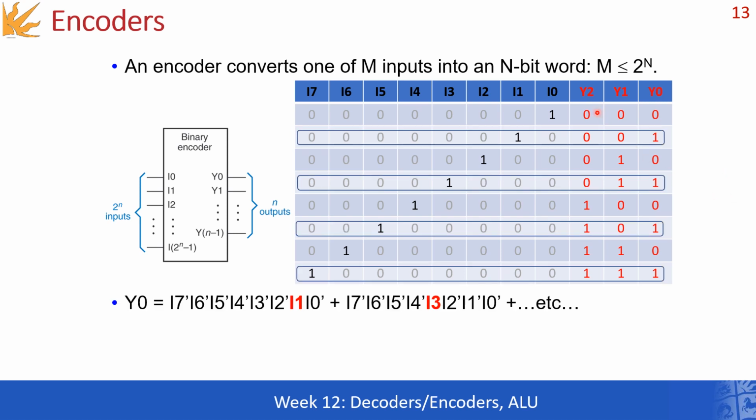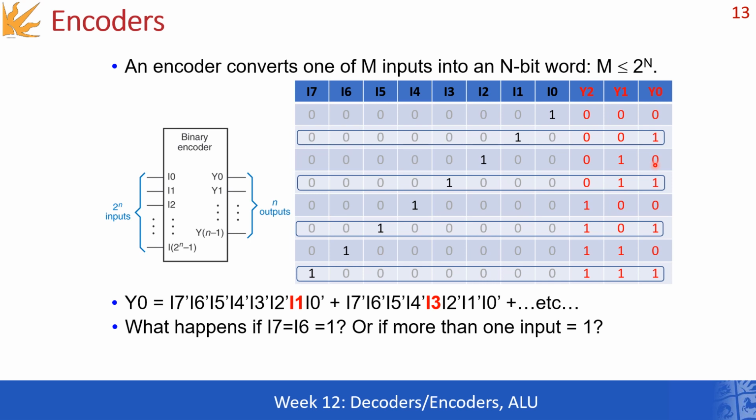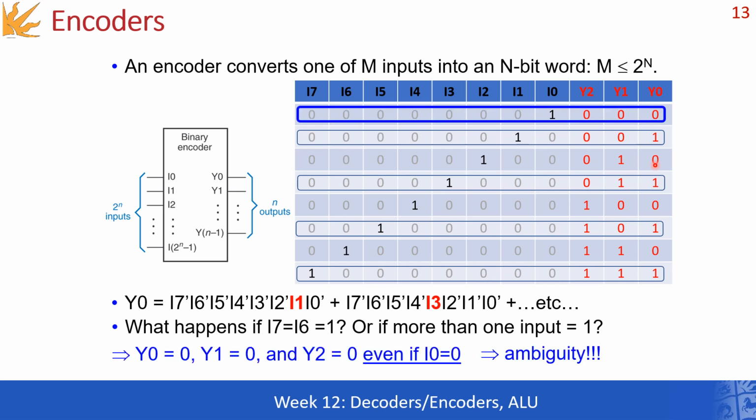And of course, you can treat each of the outputs here as a function and then use the minterms, like for y0 over here. By using the minterms, of course, you can write it down as a Boolean algebraic function. But as you can see, there can be ambiguity. What happens if more than one of the inputs is enabled?